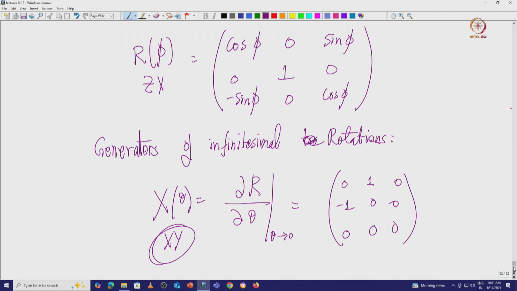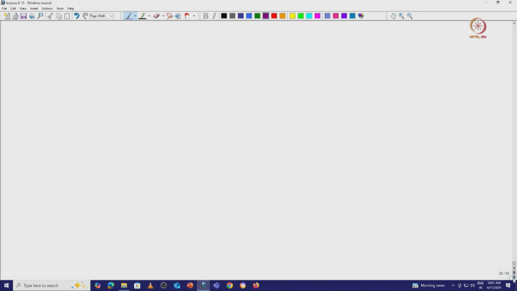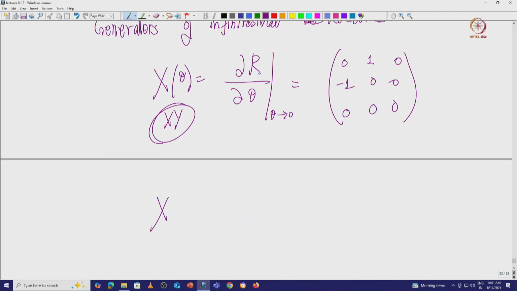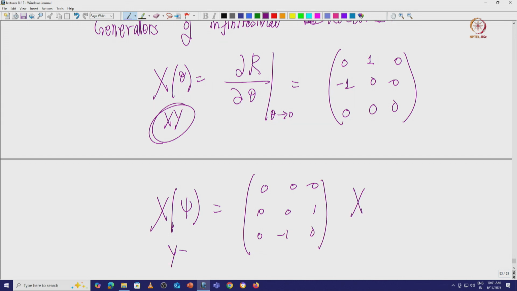Similarly, you can define for psi: this will end up being 0, 0, 0; 0, 0, 1; 0, minus 1, 0, and this is in the yz plane.